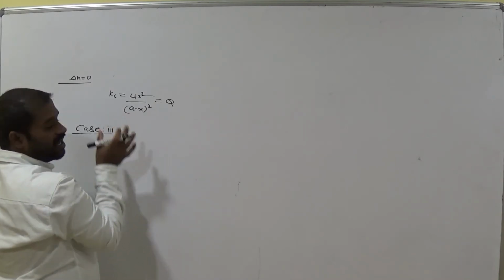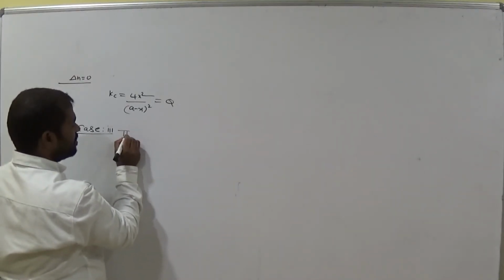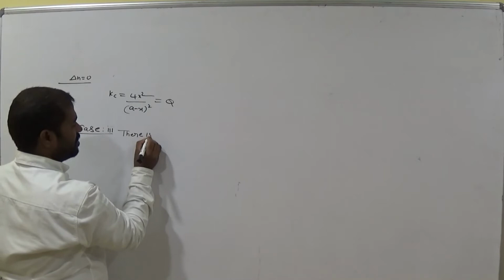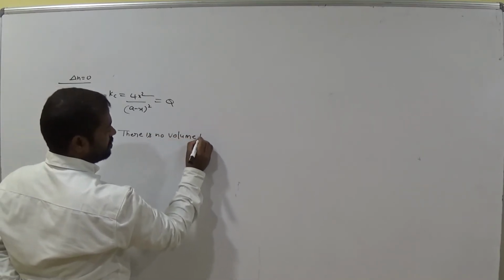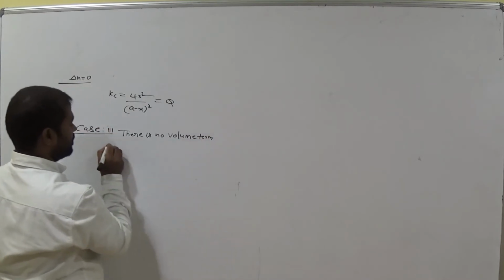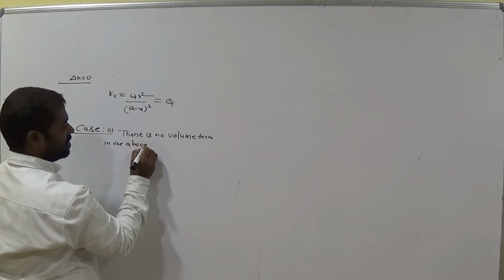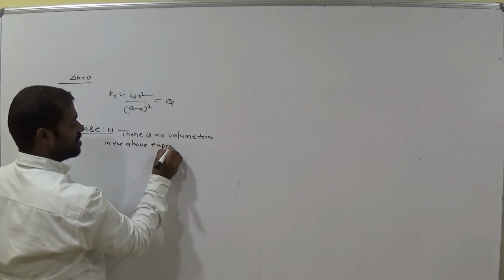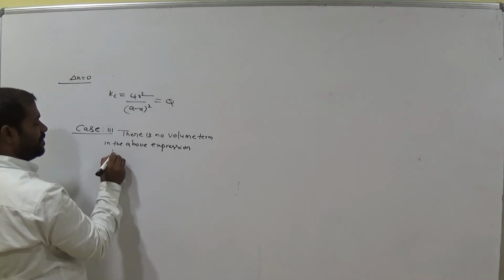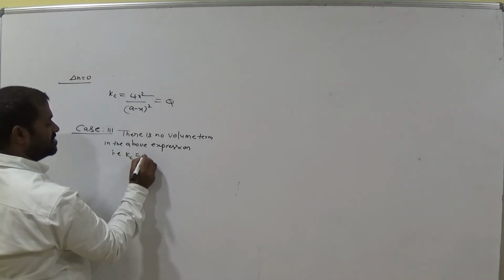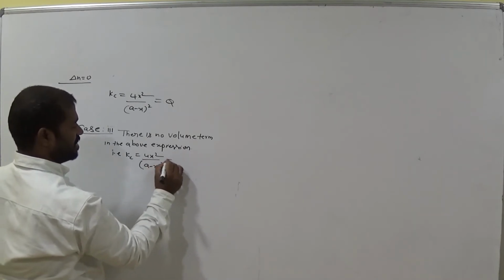Is there any volume term in the above expression? That means there is no volume term in the above expression, that is Kc is equal to 4x square by (a minus x) whole square.